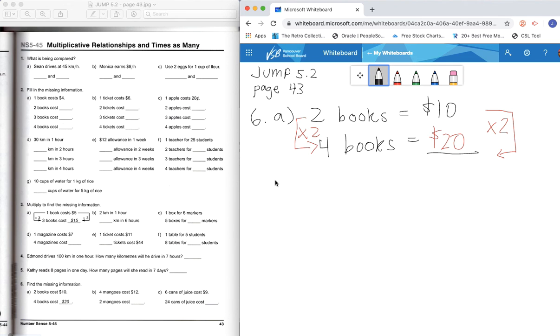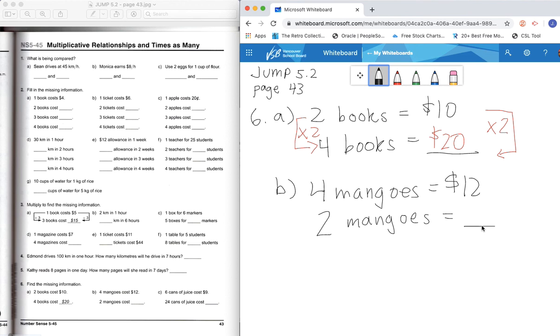All right, let's do one more. 4 mangoes cost $12. All right, and then 2 mangoes equal blank.